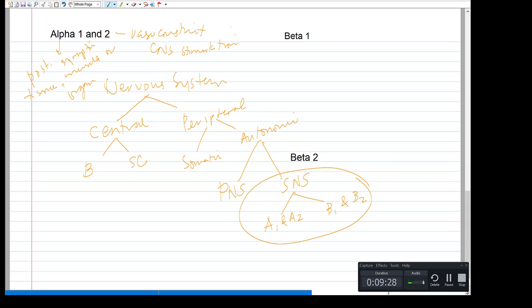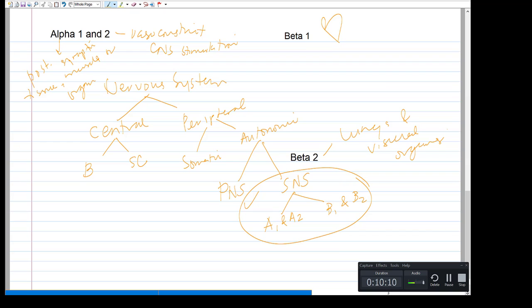Now, what are beta 1 and beta 2? Beta 1 adrenergic receptors are primarily located in the heart, so this is cardiac. While beta 2 are located in the smooth muscle fibers of the bronchioles, arterioles, and visceral organs, so lungs and visceral organs.